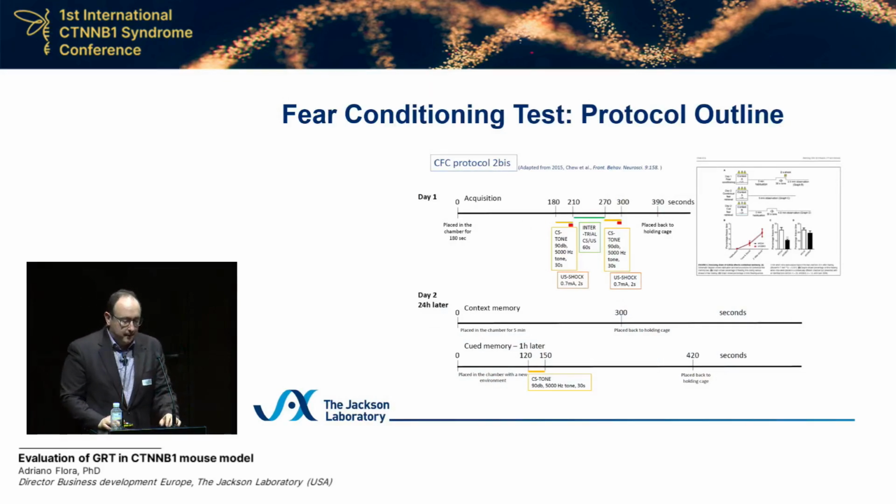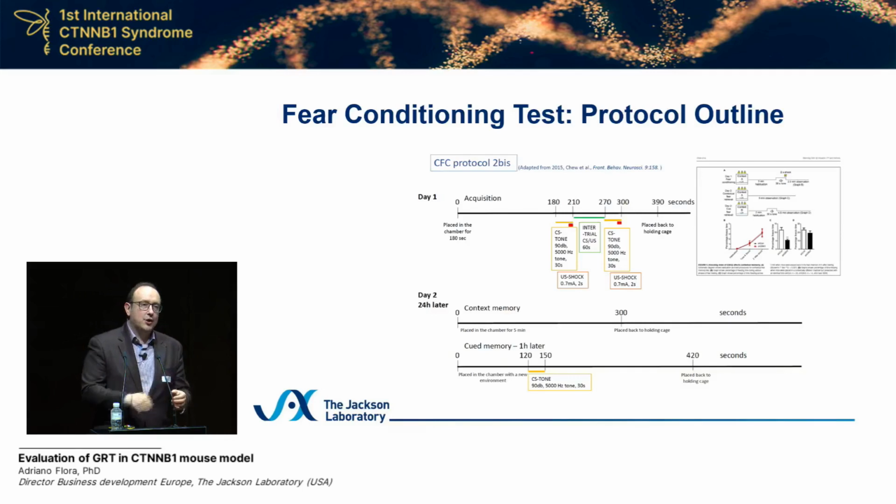The second test that we run is fear conditioning. I mean, fear conditioning is kind of a scary name. And what we do is we take a mouse and we put it in a cage that is very clearly for him to recognize. For example, a cage with a red wall and a yellow wall, something that he will recognize very easily.